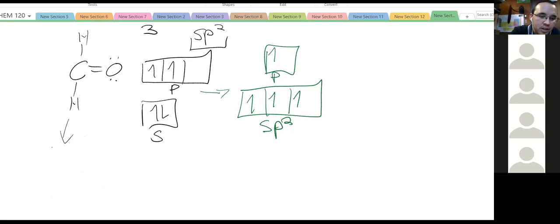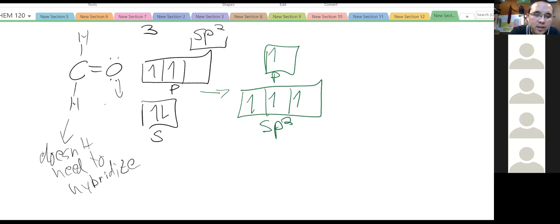So the H doesn't need to hybridize, and the oxygen doesn't need to hybridize. It's only that central atom in this case, because they have to create that specific shape of the molecule that we're looking for.